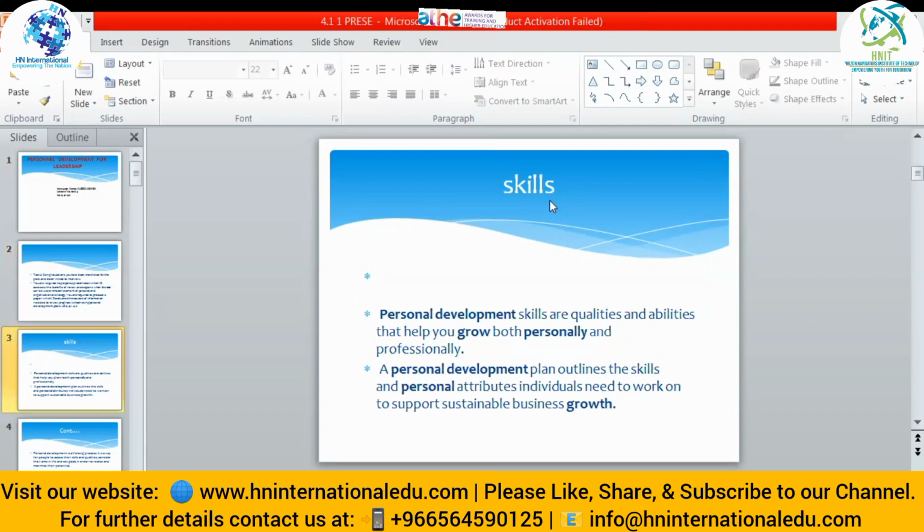Let's look at some of the skills that would be required. Personal development skills are qualities and abilities that help you grow, both personally and professionally. What is the personal development plan that we should be reviewing? A personal development plan outlines the skills and personal attributes individuals need to work on to support sustainable business growth.